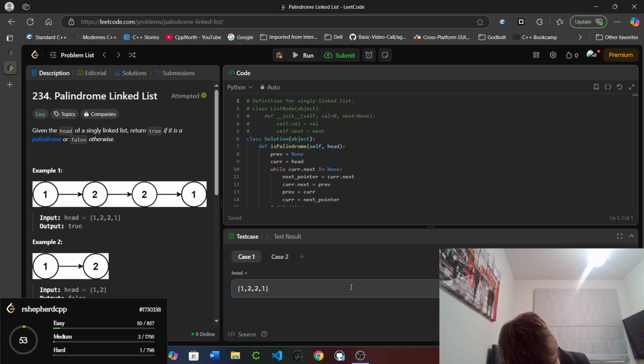So this is just like we were reversing it before. So slow.next equals prev. Prev equals slow. And then slow equals next. Yep. Okay, and then the third part.